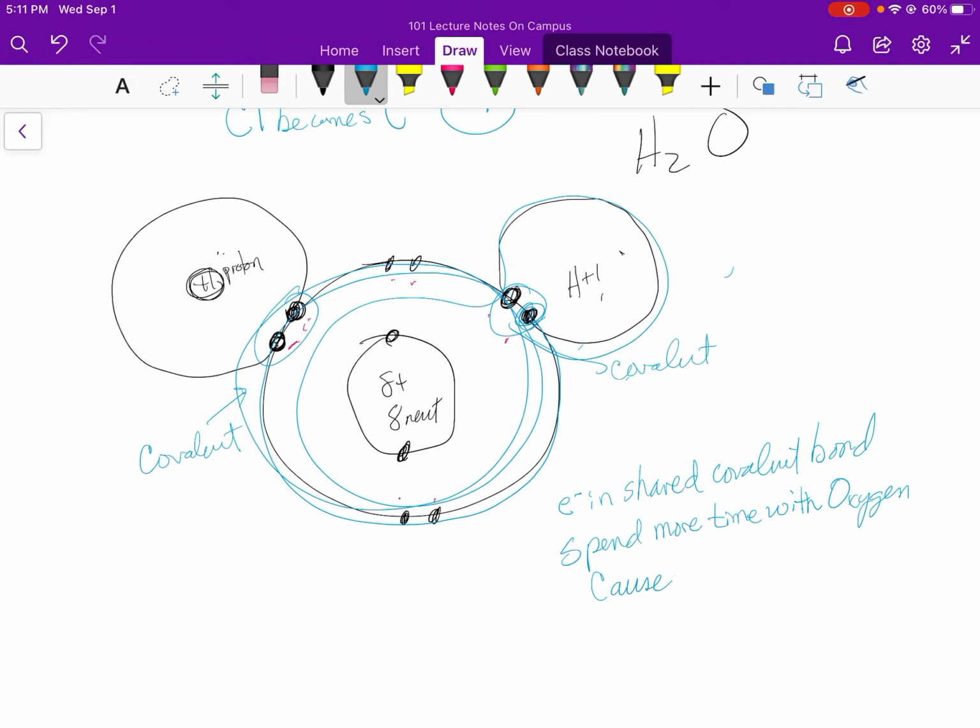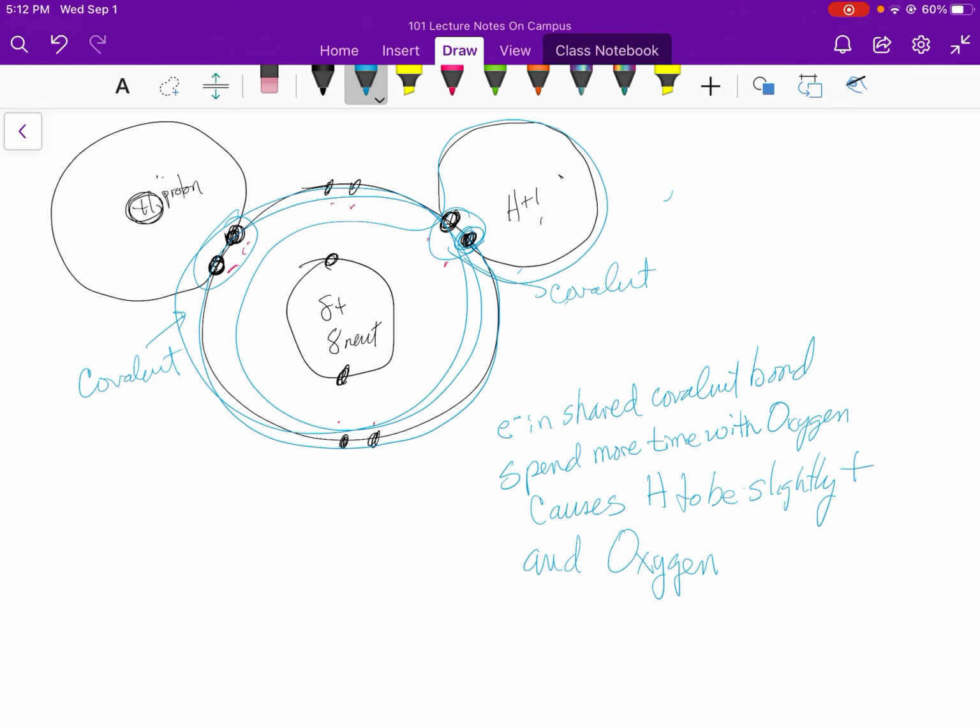This causes the hydrogens to be slightly positive. Yeah, slightly positive. And oxygen, which is holding on to electrons more time than half the time, is slightly negative. And we write that by a little d plus and a little d minus.